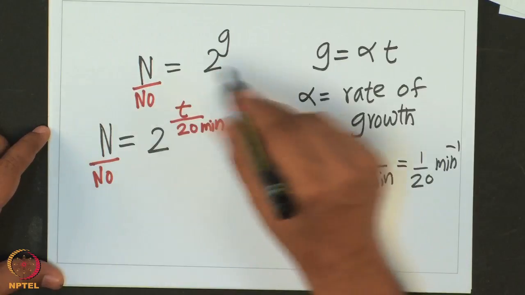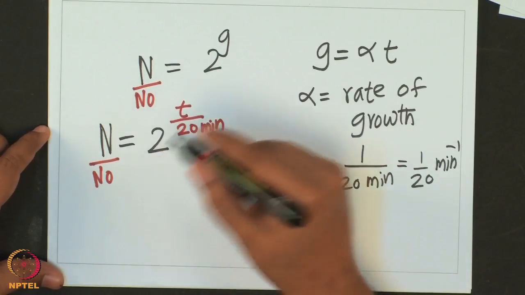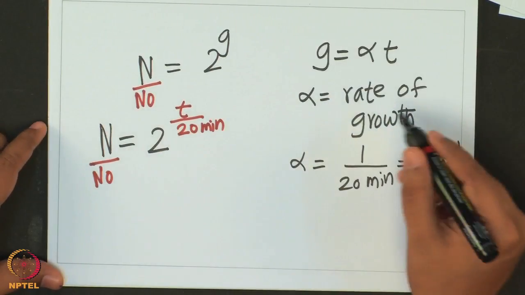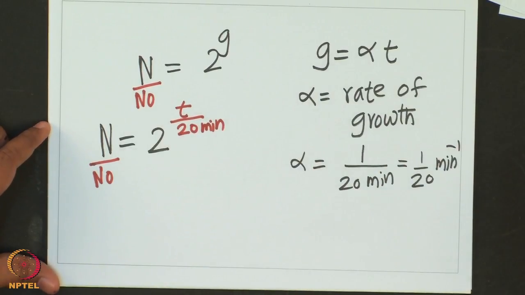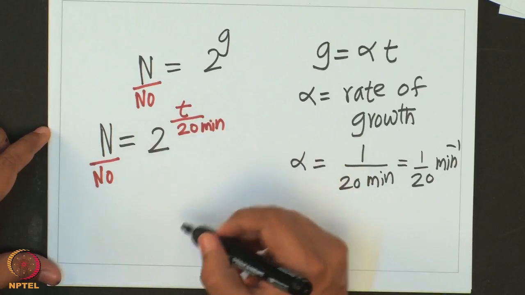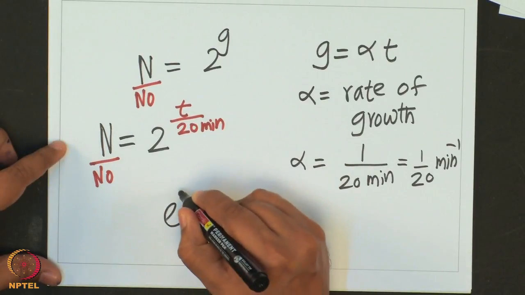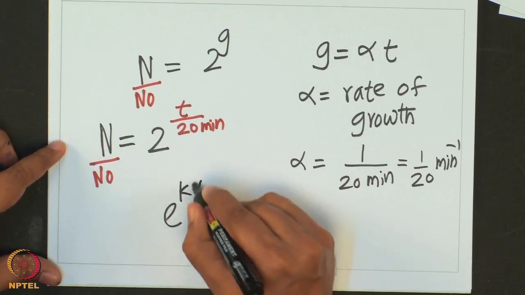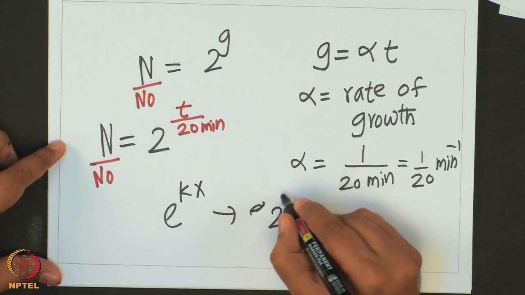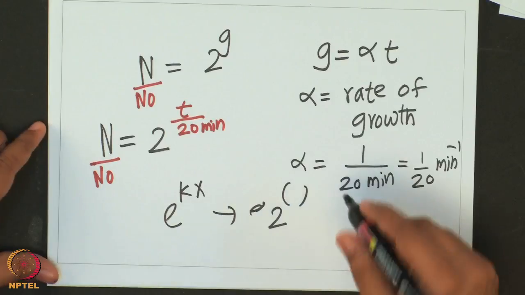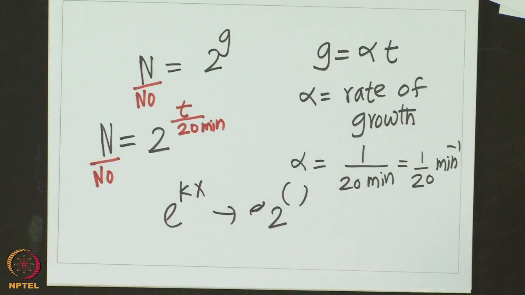I could plot this as a function of time. So there are different ways of doing this. Think about it. Any exponential function e power kx can also be converted to 2 power something else, as we saw, and we can deal with this.